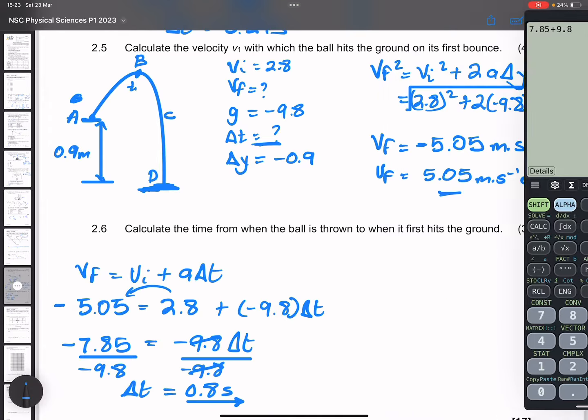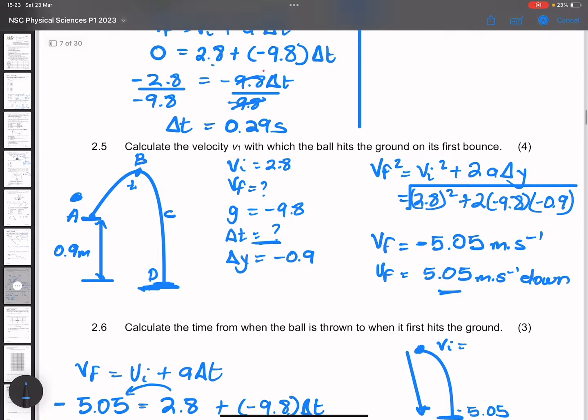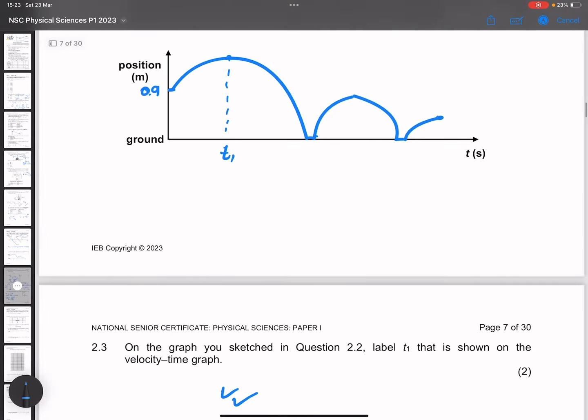Now, what you could have also done is you could have found the time from when it left its maximum height, okay? So you could have used initial velocity being 0 from the maximum height up until it gets to the ground, okay? Now remember, the velocity minus 5.05. Now, what this would do is you'd be able to calculate the time taken from there, but remember you also have the time for when it reaches maximum height.